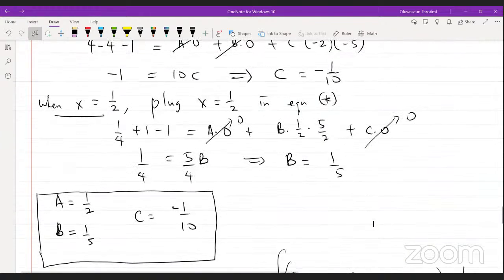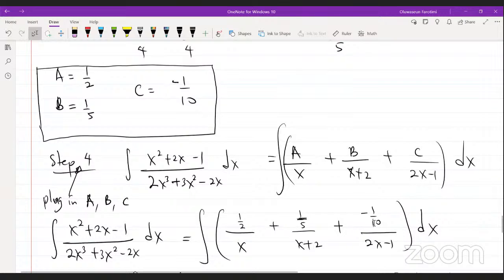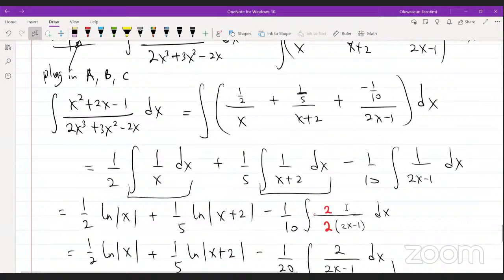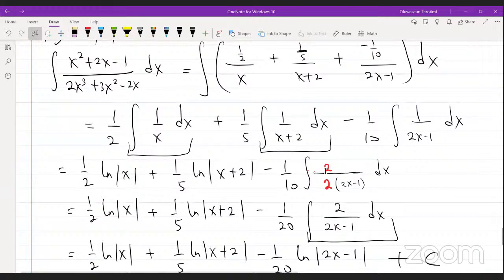So we got the constant, then we put it in. When you pull in the constants, you have the situation. Yes, you have this guy. Then you bring in this 2 over 2 trick, because you need what you have on the top to be a 2. But you know 2 divided by 2 is just 1. So you just introduce that trick. Okay.